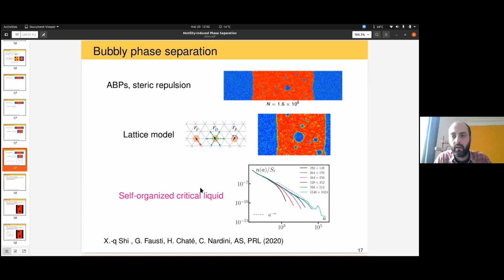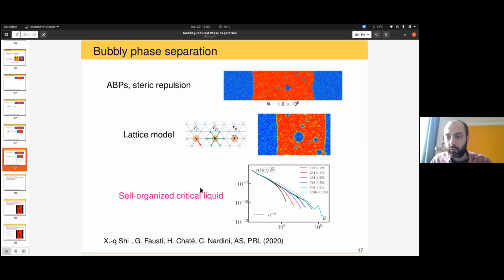There's something else that's interesting, which is the coarsening of the droplets. For the liquid it is the regular coarsening law. If you start from something homogeneous, you nucleate liquid everywhere, and the typical liquid size will grow as time to the power 1/3, like you expect for normal phase separation.